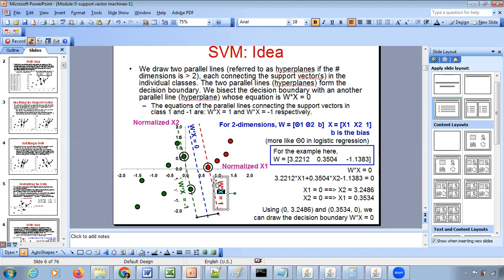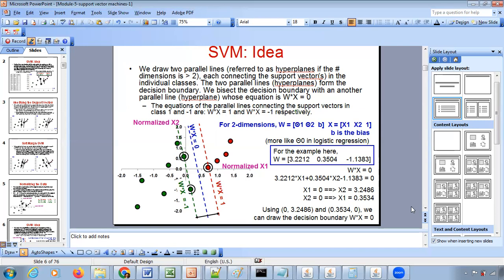So this data point will satisfy Wx equals 1, and these two data points will satisfy Wx equals -1, because we are going to determine the appropriate values of the parameters theta 1, theta 2, and b based on the support vectors we choose. So they are going to satisfy those equations. Okay.